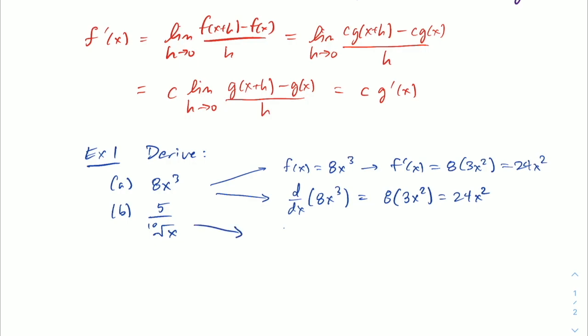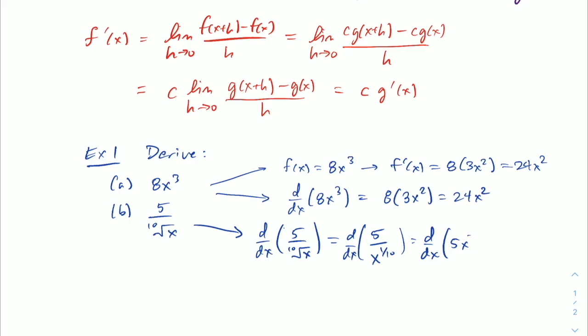All right, I'm going to use Leibniz notation for this next one. The first thing I'm going to do is rewrite this expression and rewrite the 10th root as x to the 1/10. Then I'm going to move it upstairs using exponent rules, turning it into negative 1/10.